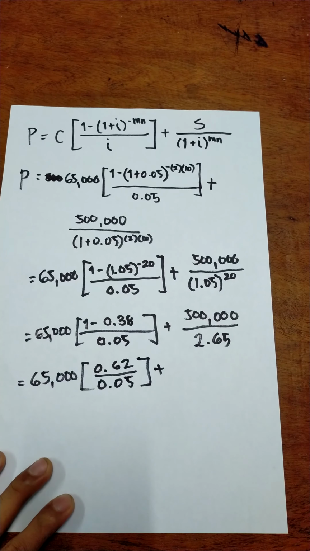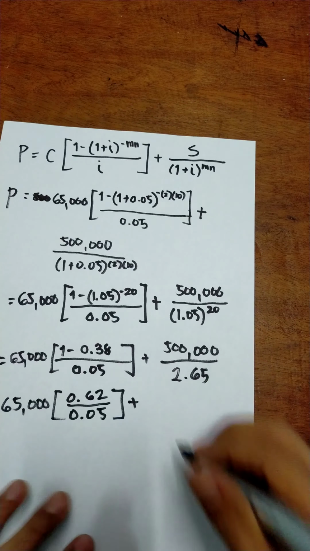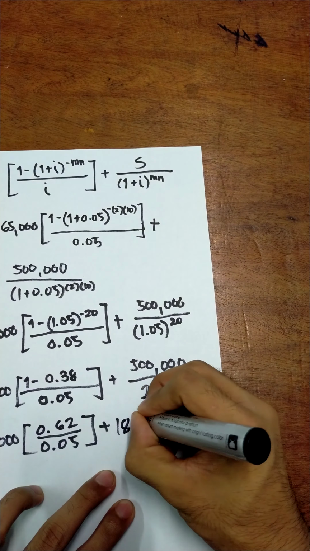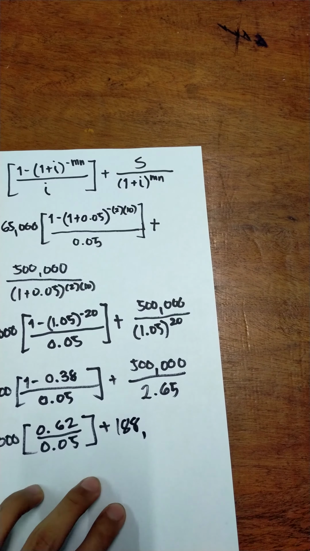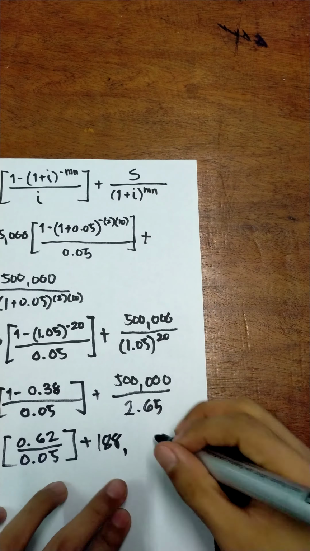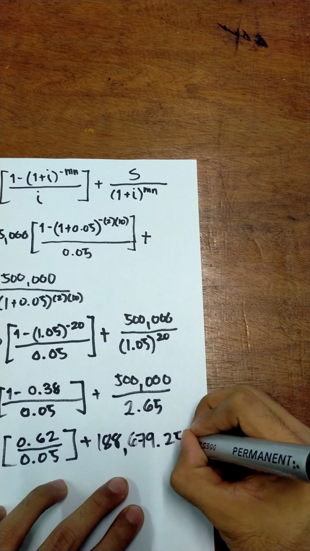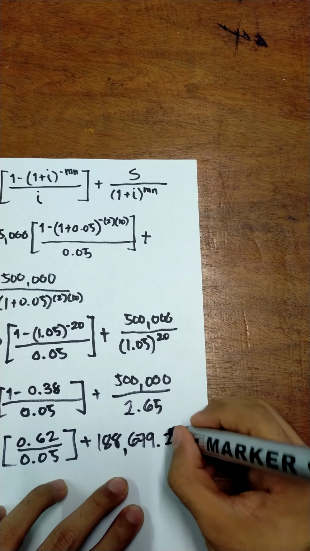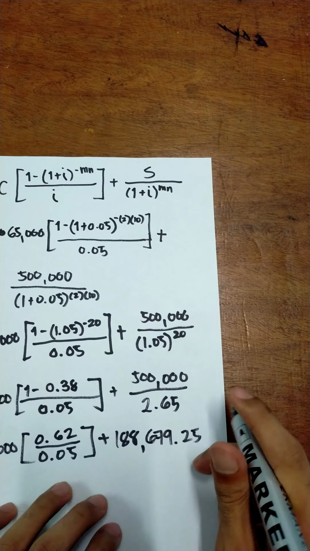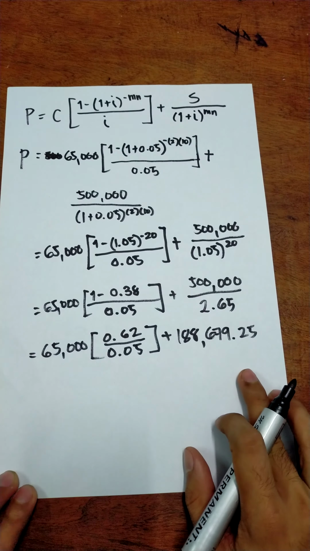So, 500,000 divided by 2.65, we have 188,679.25. So, in this part, 2 decimal places still. We still need to put 2 decimal places. Okay? So, that's it.